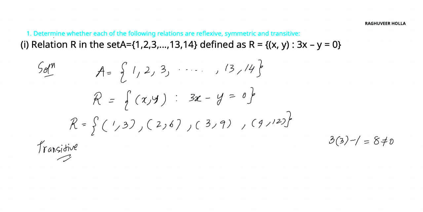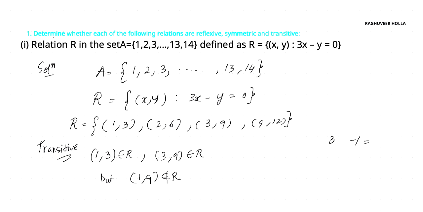For transitive, let me take 1 comma 3, which belongs to R, and 3 comma 9, which also belongs to R. But you can see that 1 comma 9 does not belong to R. If I put 3 into 1 minus 9, it results in minus 6, which is not equal to 0.